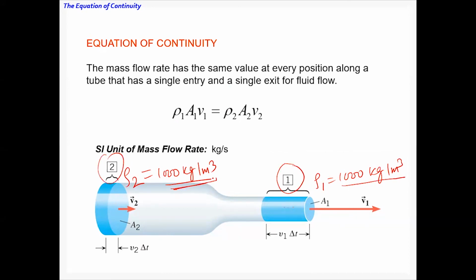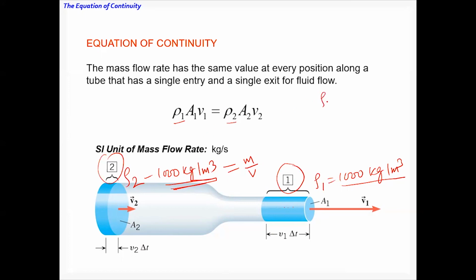In that case, the fluid is said to be incompressible. If the fluid can be compressed, meaning the volume can be made smaller, then rho, which is defined by m over V, becomes bigger when the volume becomes smaller. If the fluid is incompressible, the density does not change, so rho 1 equals rho 2.